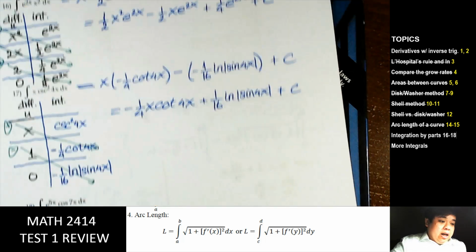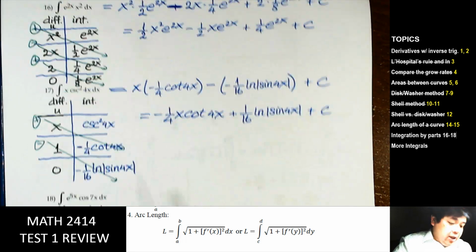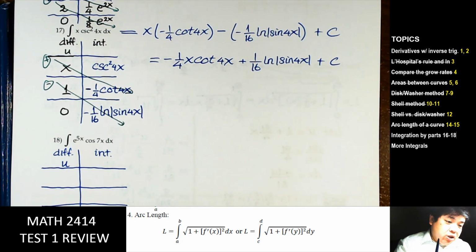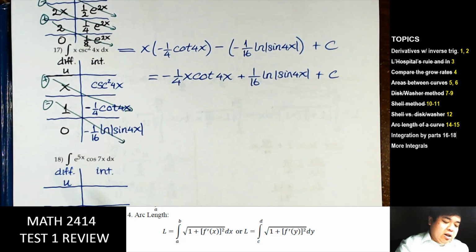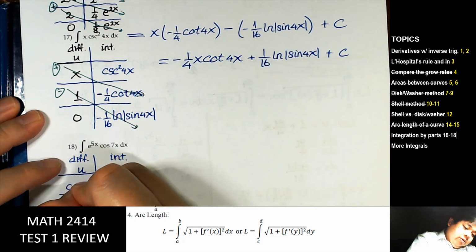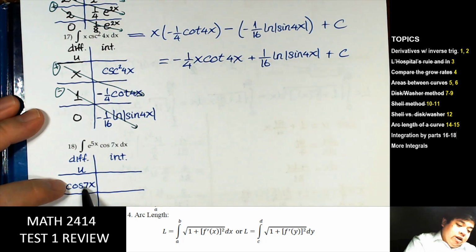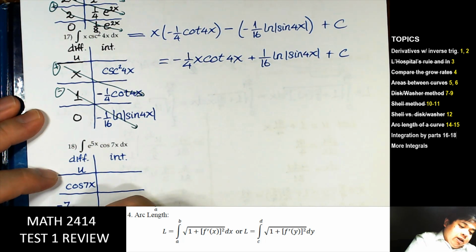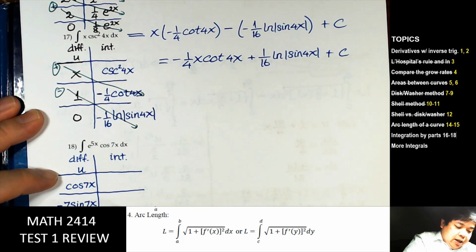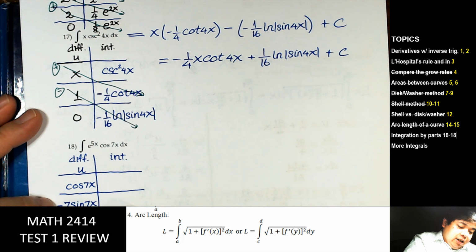Right, let's go through the list here. There's no log, no inverse trig, no algebraic expression, but there's a trig function here. So we have cosine of 7x. The derivative is negative 7 sine of 7x, and the derivative again is cosine of 7x.